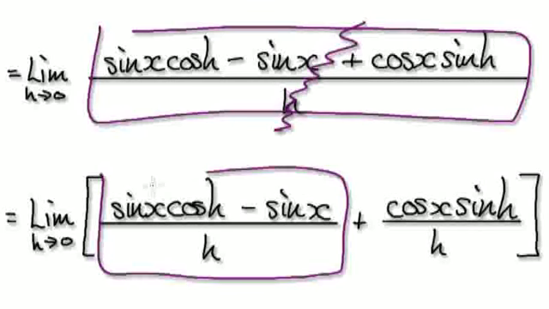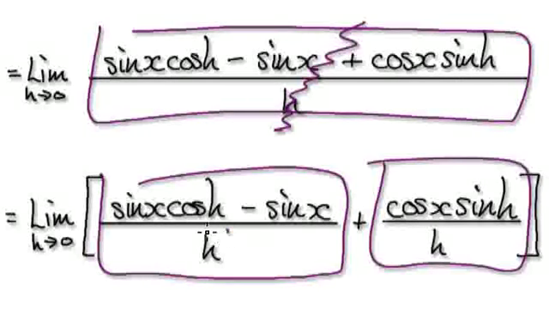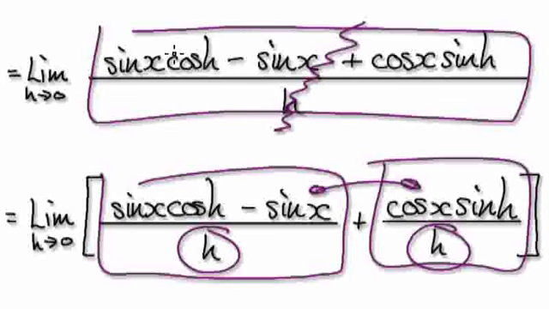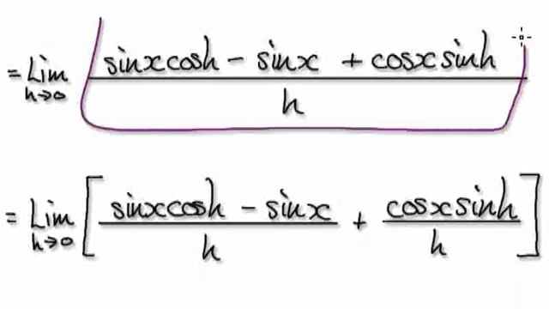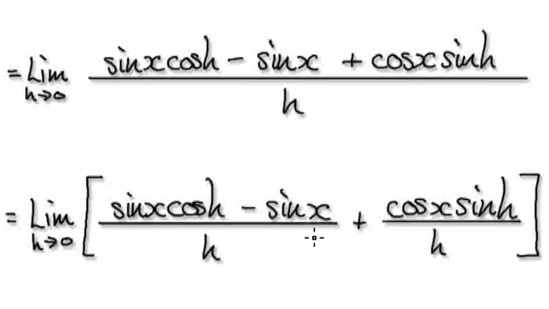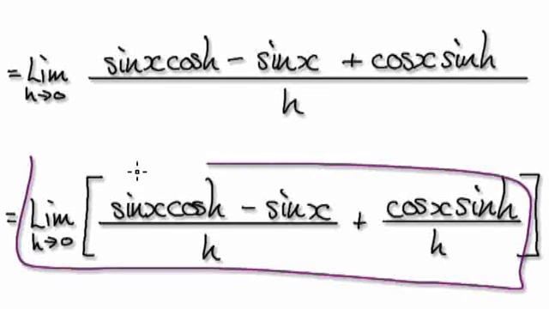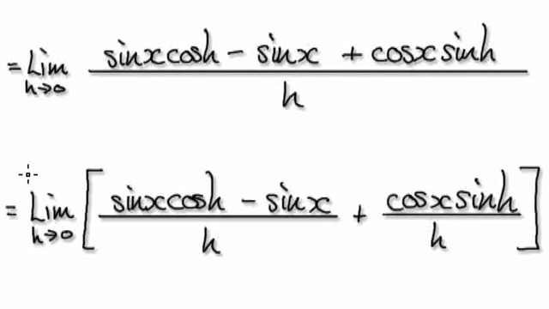So it's like one fraction plus another fraction, because look, same denominator, same denominator. So when you add the two together, it will give you this. So we're just breaking up the two fractions. So that will then become this here.